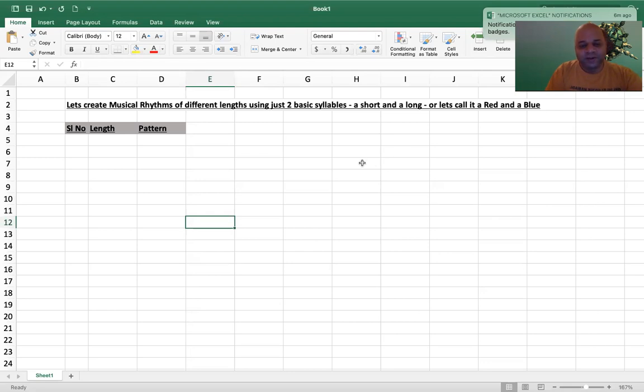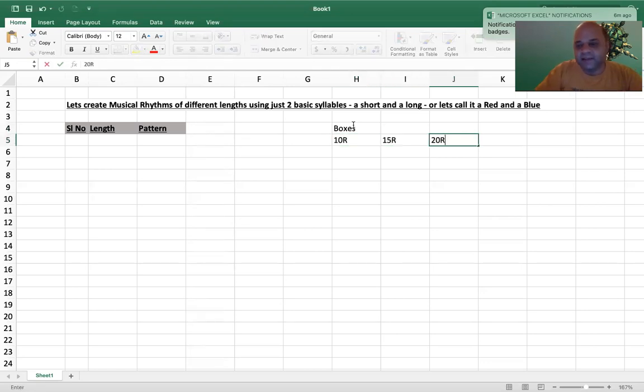Let me put the boxes here. 10R was one label, 15R was another label, and 20R was another label. Now case one: you picked up one coin from the 15R box and it was 5 rupees. Now you know that the other coin also has to be 5, correct?